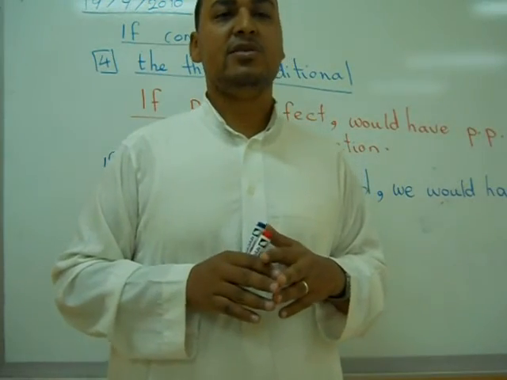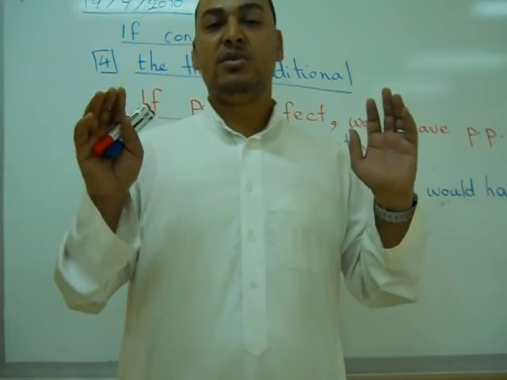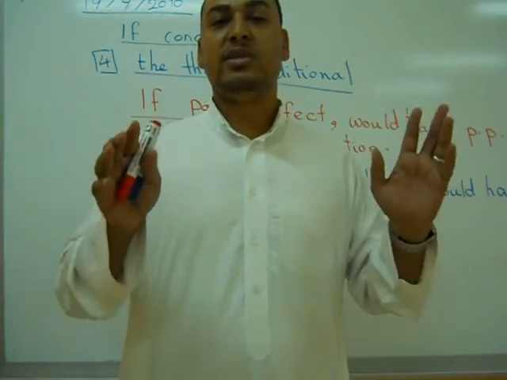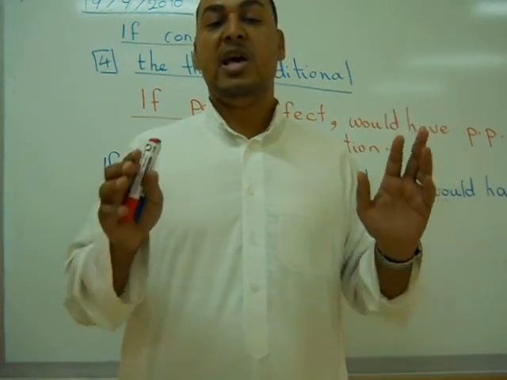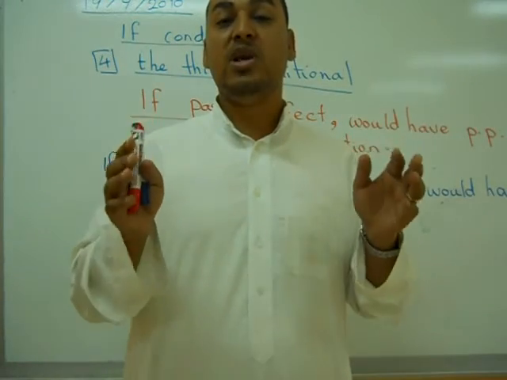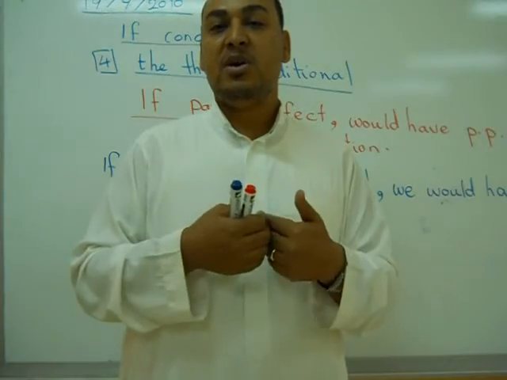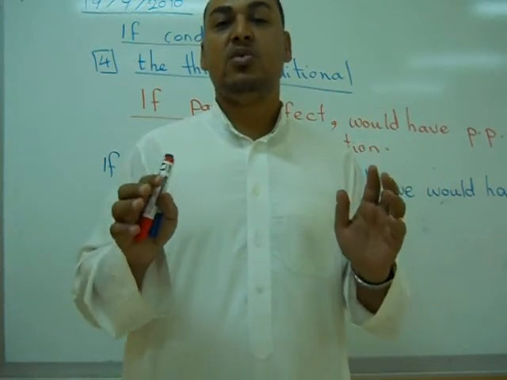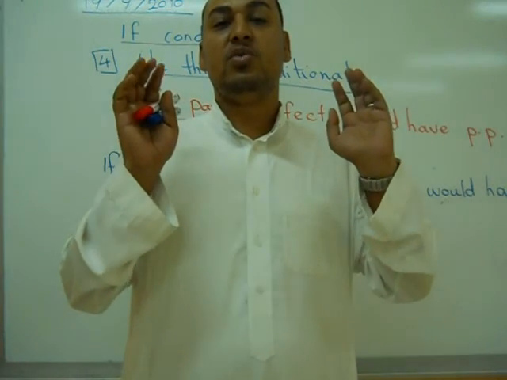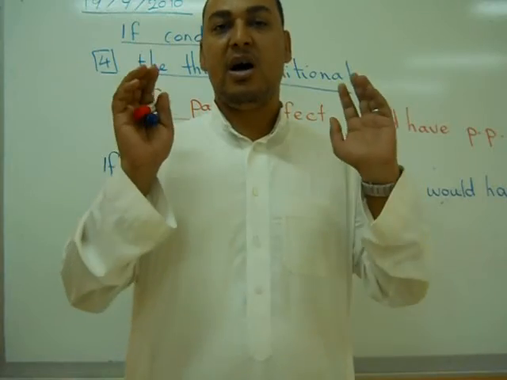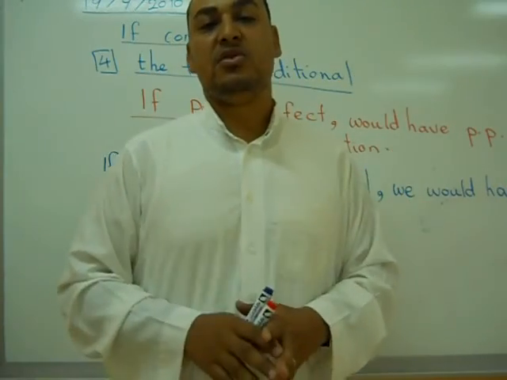Okay? The second one we call the first conditional because we use the present simple with the future simple. If I have money, I will buy a house. Maybe someone gives me the money, or I can earn the money anyway. So in the future, I'm going to buy a house. If I am rich, I will buy a house. Okay?